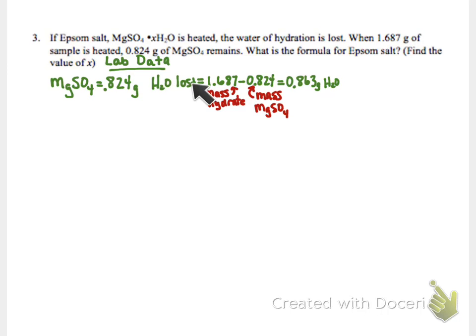The water that's lost is our starting mass, which is the mass of the hydrate, subtract the mass of the magnesium sulfate, and that gives us 0.863 grams of water that was lost. So for our calculations, we're going to use mass of magnesium sulfate all by itself and mass of water all by itself. Convert these to moles and figure out what the mole ratio is.